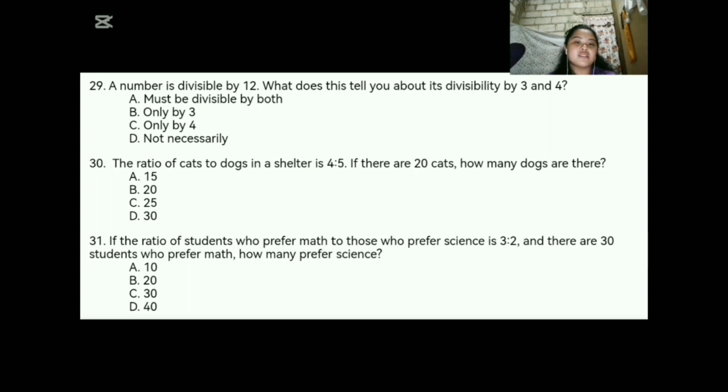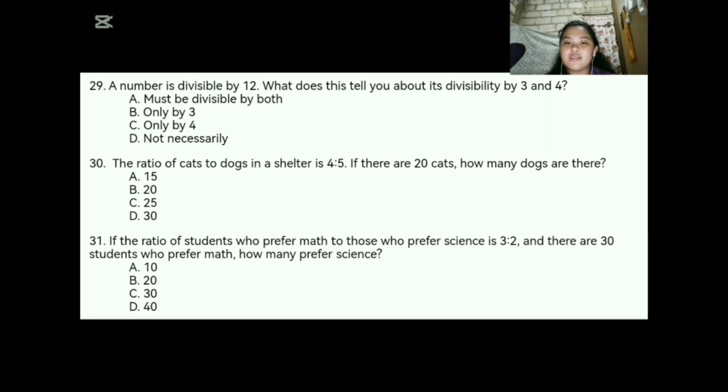So 15 is incorrect because when we solve, by the way, the formula of ratio is: first you get the given number, which is in the question, 20 cats. You divide that 20 by the given ratio of cats, which is 4.